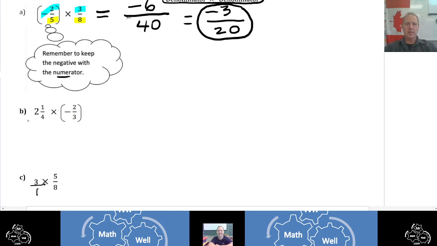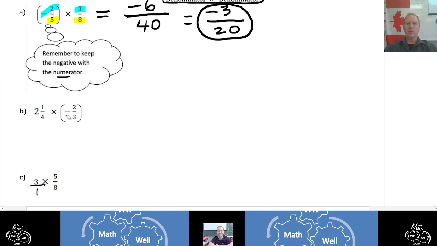Remember in our example B here, you want to make this mixed fraction into an improper fraction because this 1 is not really the numerator in this whole mixed fraction, you see. So you can't just go 1 times 2 and then 2 times. You've got to be real careful there. You could get the wrong answer if you do that. Coincidentally, some of the answers could be right when you do that.